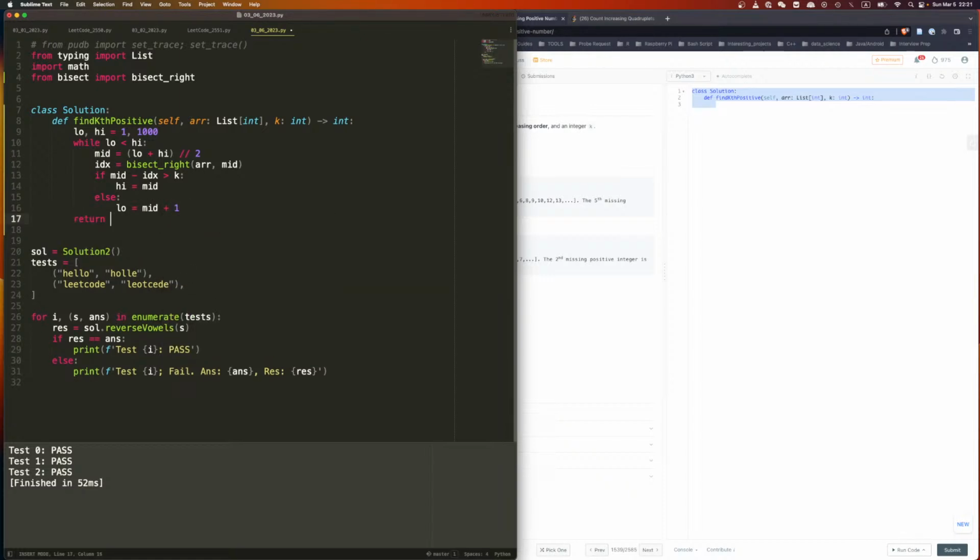Right, and then we'll return. What do we return? Low equals mid plus 1. That's how we get higher. Alright, so low is mid plus 1, and we get out.